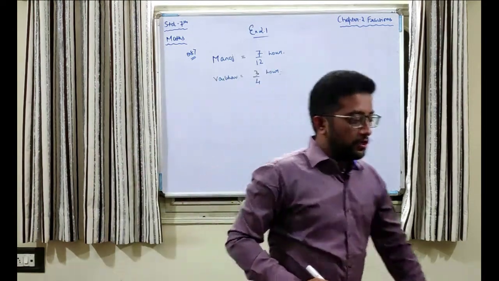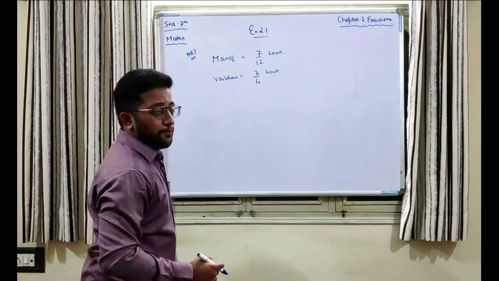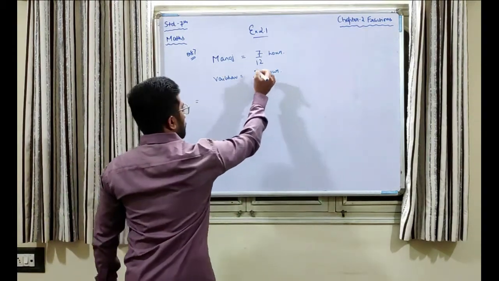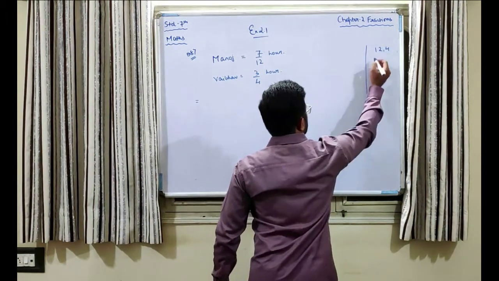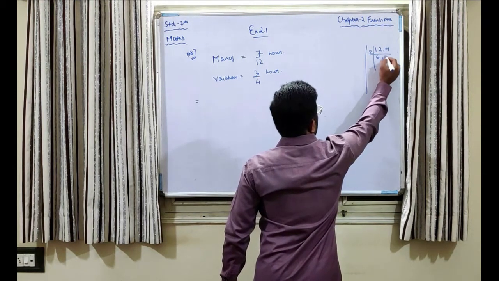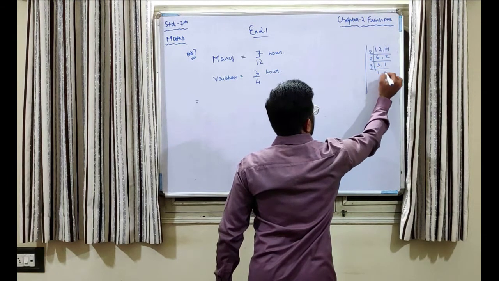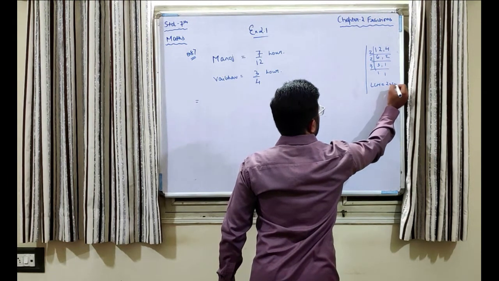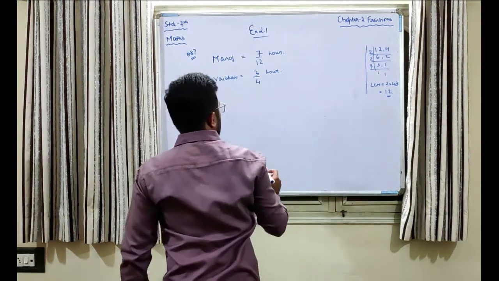Okay, so in order to make a proper comparison, what we need to do is make the denominator same. So taking out the LCM of 12 and 4, 2 6s are 12 and 2 2s are 4, 2 3 and 2 1, 3 1, so LCM will be 2 into 2 into 3, that is 12.